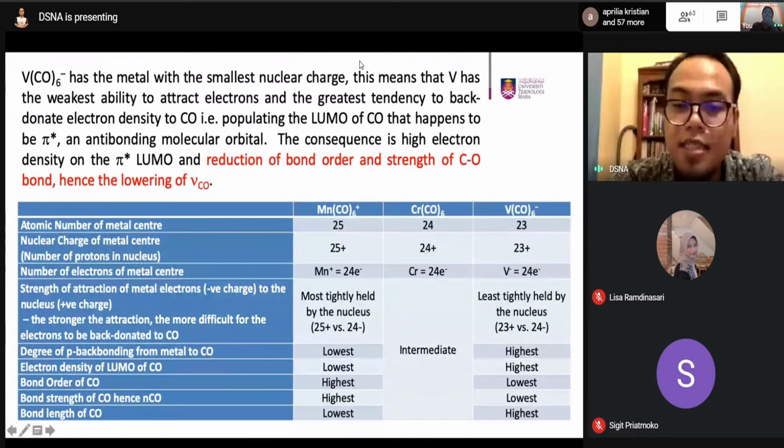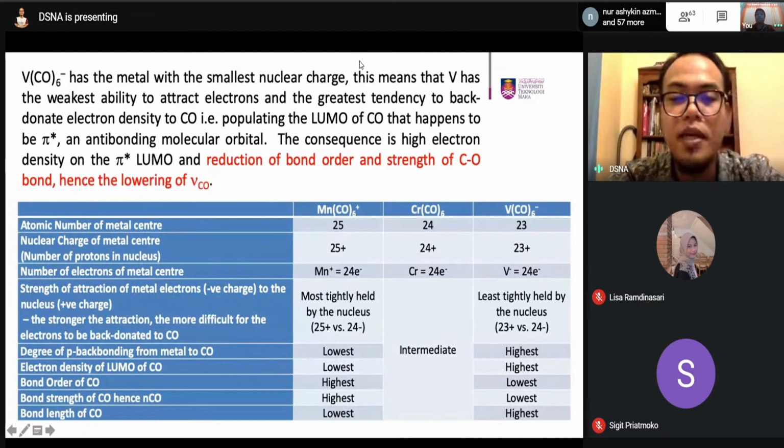Yeah, look at this first column. So lower LUMO of carbon monoxide, and then the bond order will be higher, the strength will be higher. When there is less pi-back bonding, the bond strength will be higher.